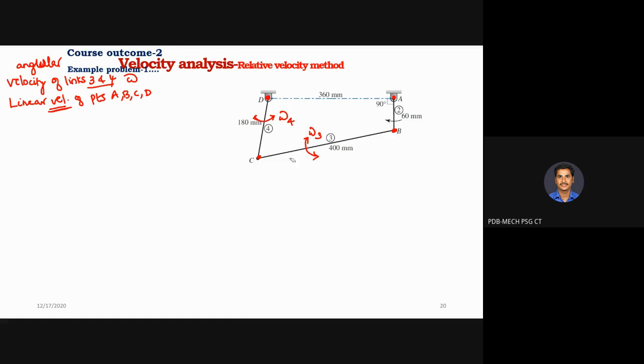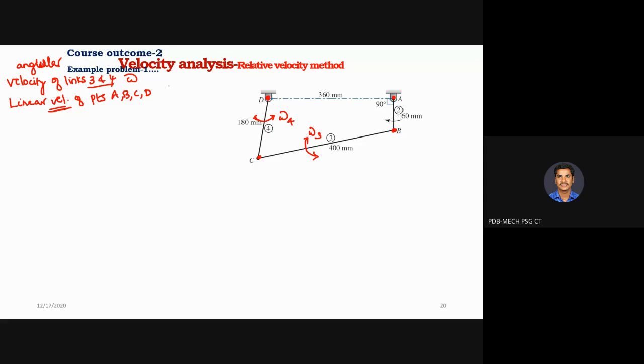So linear velocity varies depending upon the orientation or position of the points where you are taking, but angular velocity is going to be the same throughout the link. So that's why I'm finding out the angular velocity of link 3 and link 4 and the linear velocity at different points.